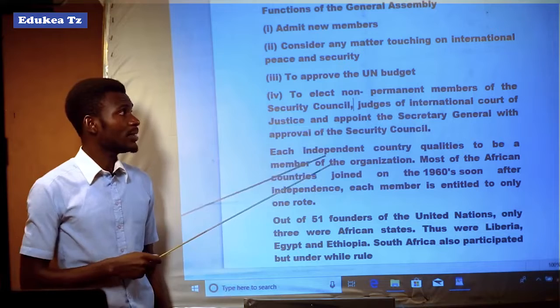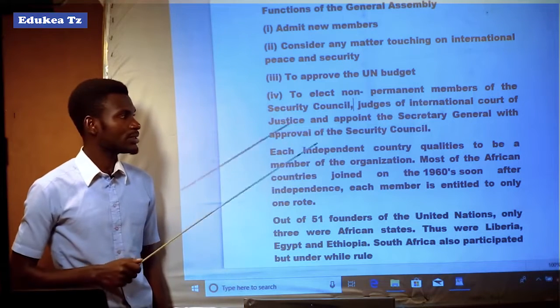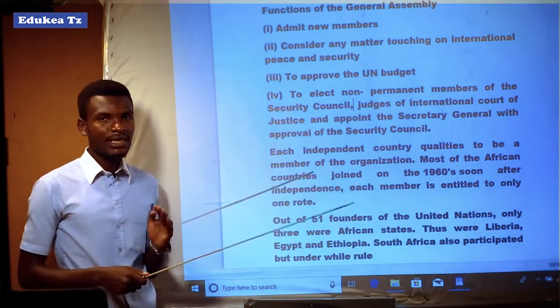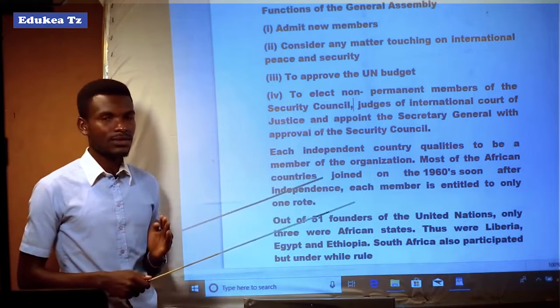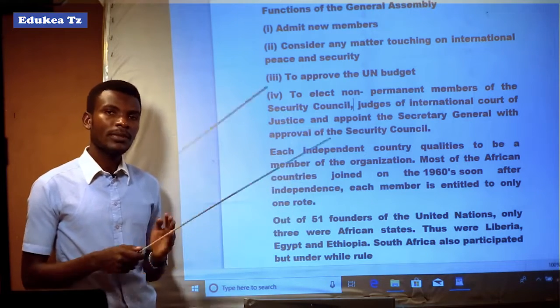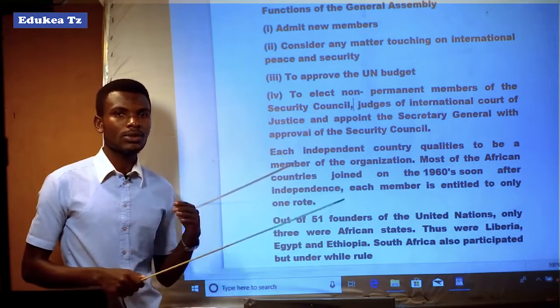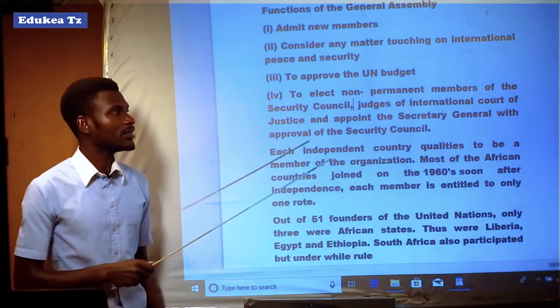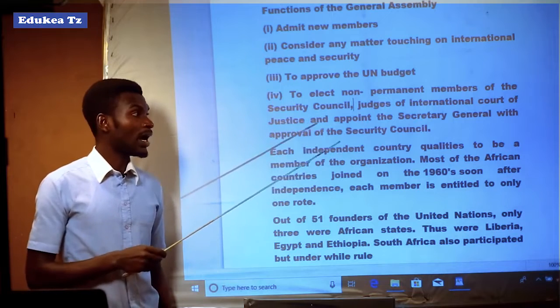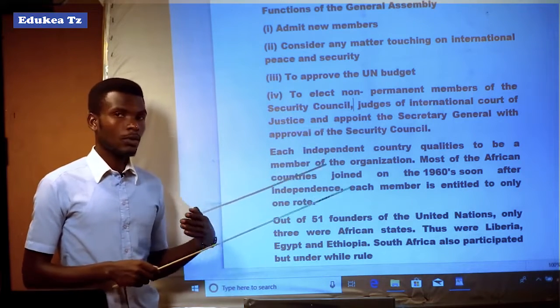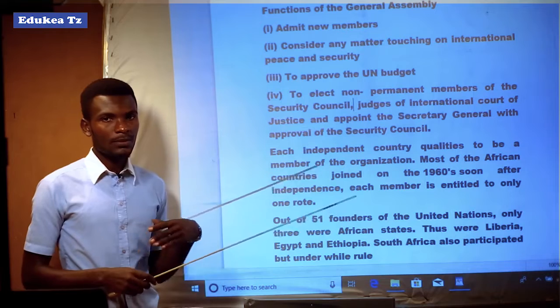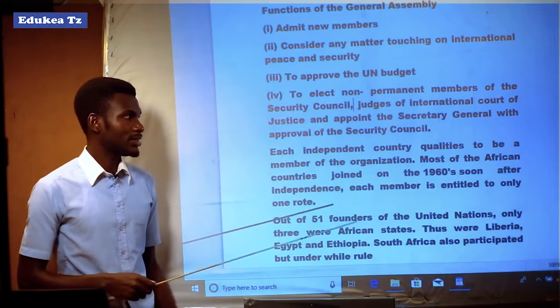Another function of the General Assembly of the UN is to elect non-permanent members of the Security Council, the members who are not permanent, and after some period of time those members are moved out and new non-permanent members are elected.